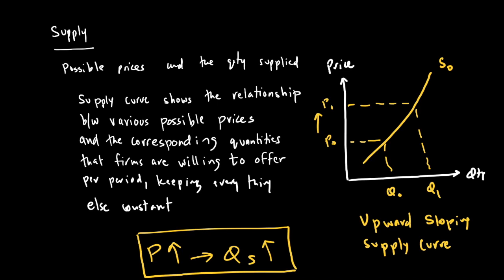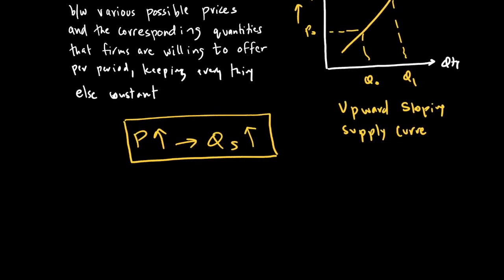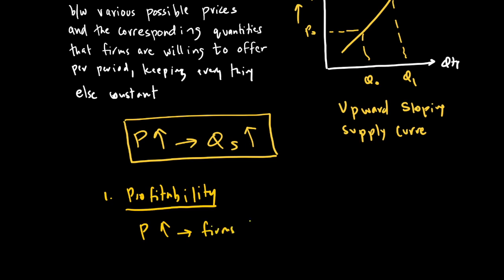Well, there are 3 reasons why we say that the supply curve is upward sloping. The first reason is simply profitability. And the idea is this, that if the price of a good goes up, firms have an incentive to produce more.